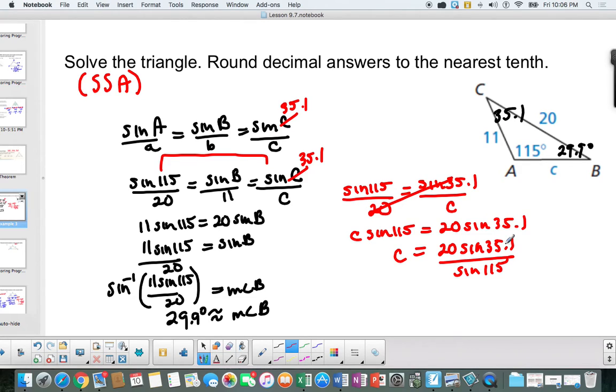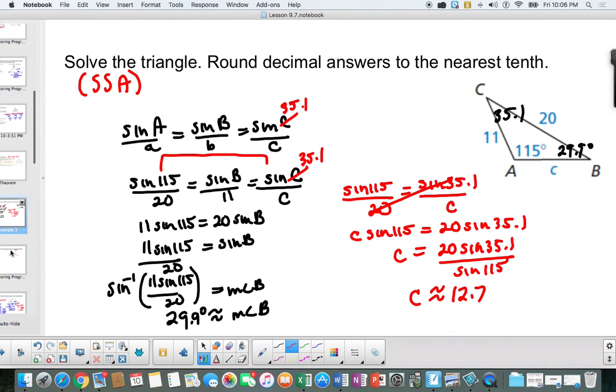So don't go to your calculator until you get to a point that you have everything to one side. And when I put that quantity in the calculator, I get C to be approximately 12.7. So I found all my angles and all my sides of my triangle.